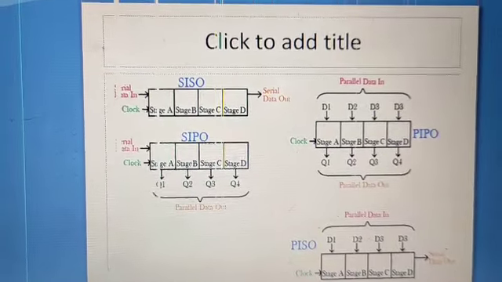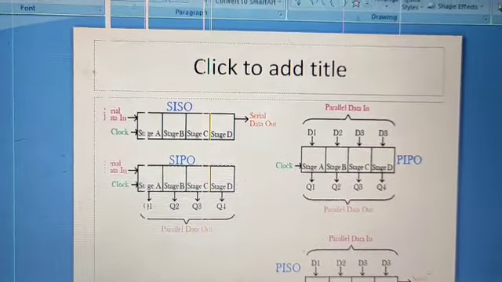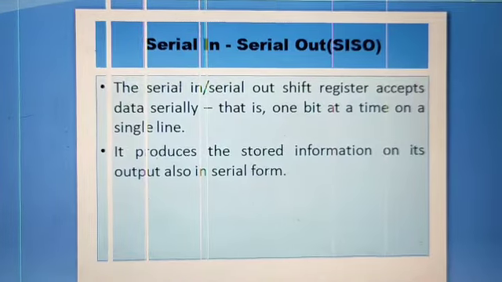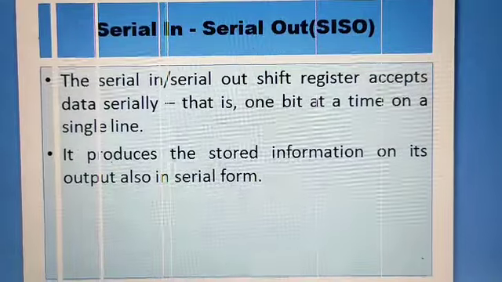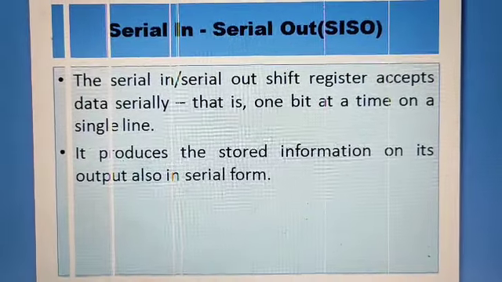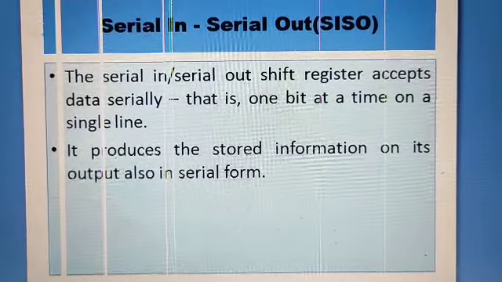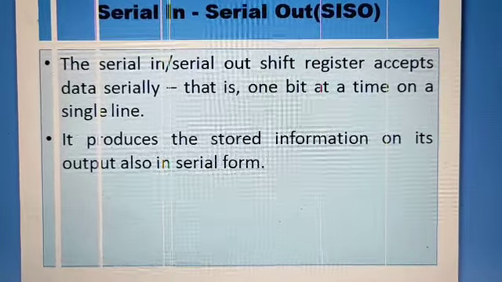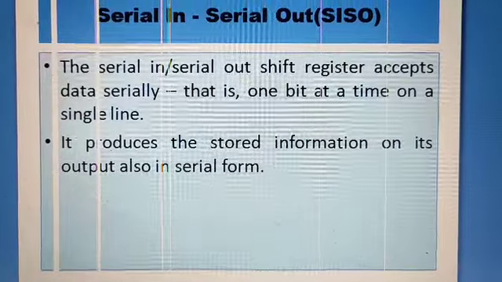Okay, so that is what is happening in communication systems. These are the basics of shift registers. Now we have to see the detailed working of the shift registers. So going to the first shift register, the serial in serial out shift register. In serial in serial out, the data will be given in the serial format and the output is also taken in the serial way, that is, only one output line will be there.